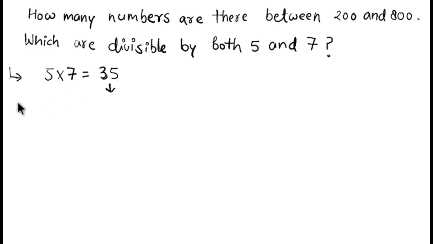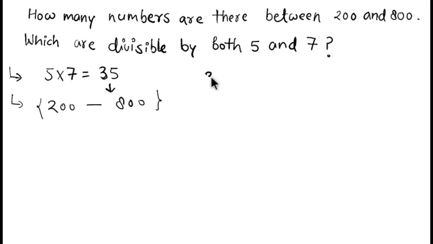Now, what we are asked is how many numbers between 200 and 800 are divisible by both 5 and 7, and I know the smallest number divisible by both 5 and 7 is 35. So I just want to know the smallest number between 200 and 800 which is divisible by 35.